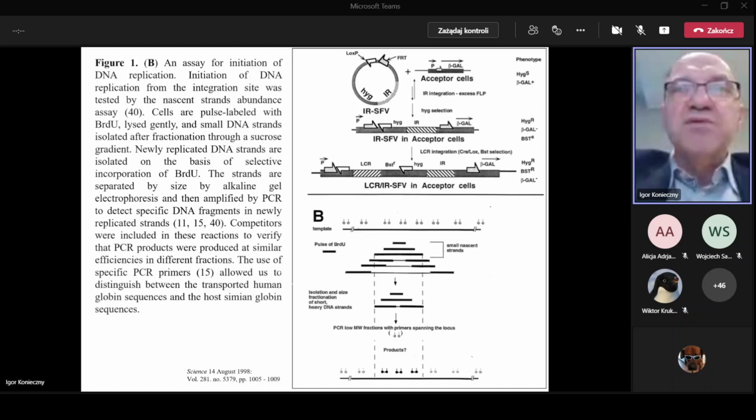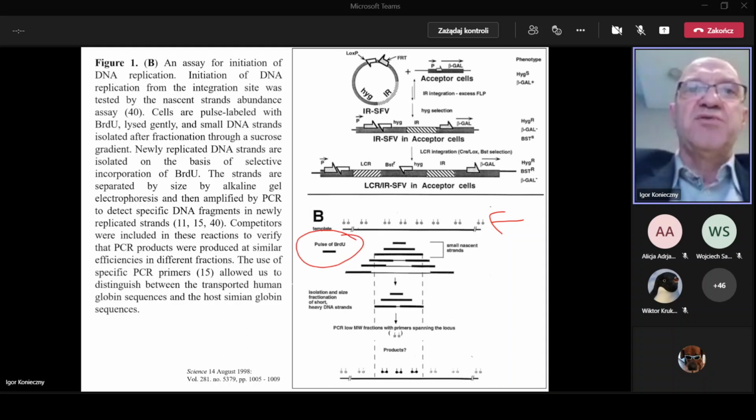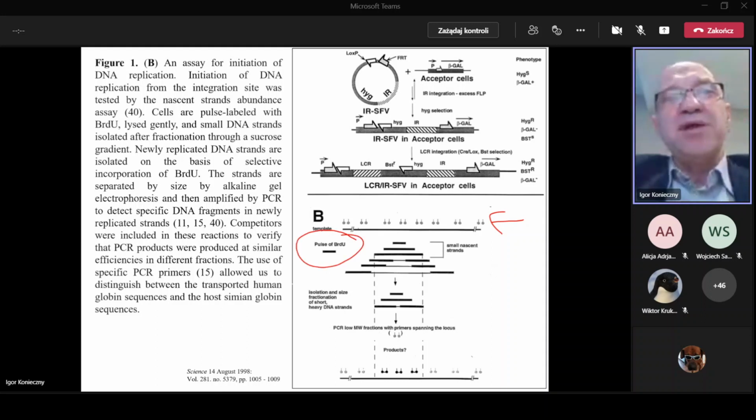So that was a pulse of bromodeoxyuridine, which was incorporated into the DNA. Then the newly synthesized fragments were isolated with specific antibodies and tested to see which gene was synthesized, that is, where the DNA replication started.